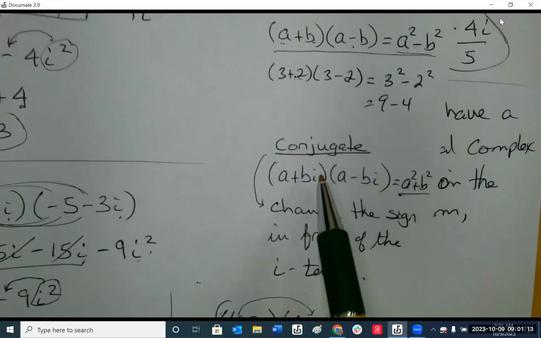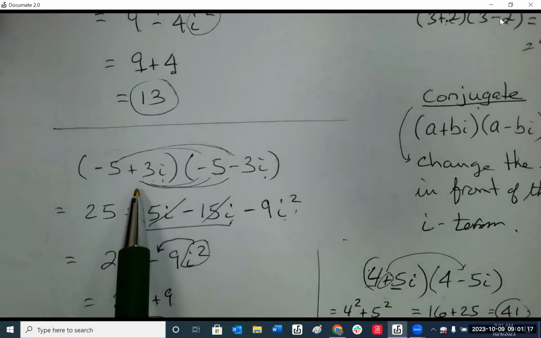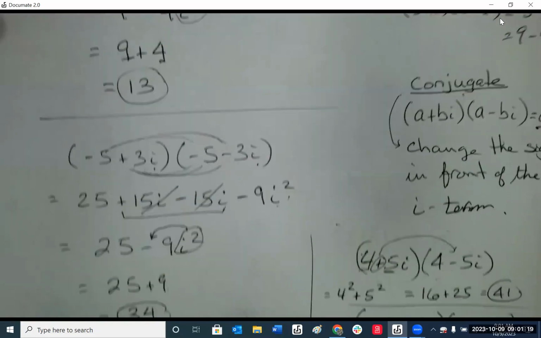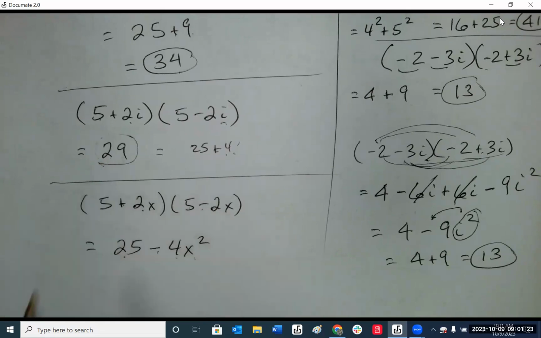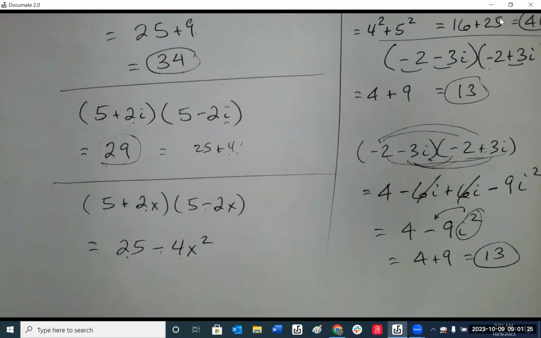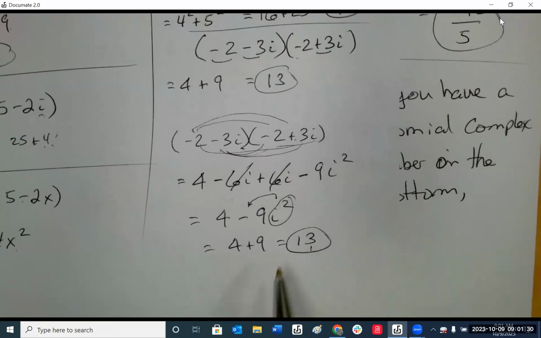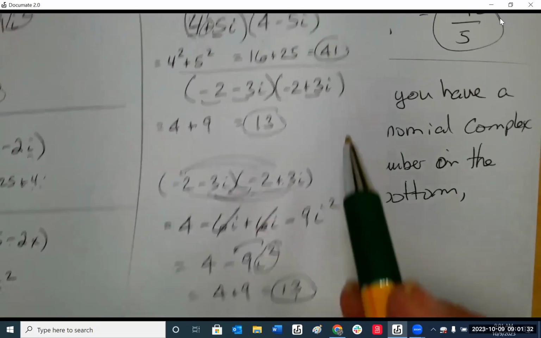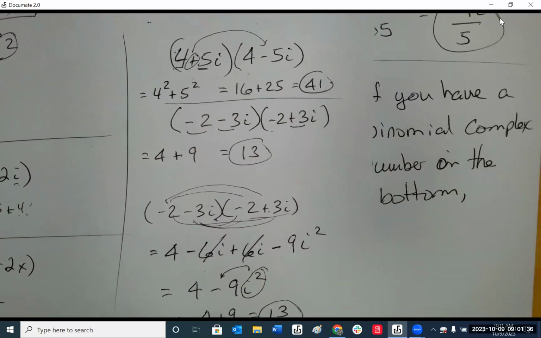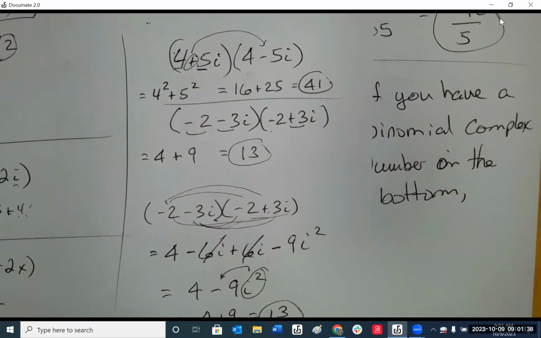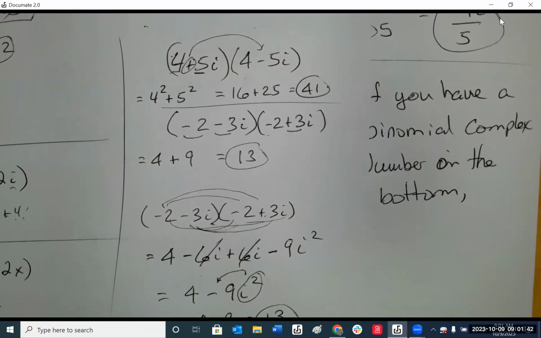What did the conjugate do for us? Anytime we multiplied two conjugates together, look at the numbers. Whenever you multiply two conjugates together, you always have an integer. There's no more i's. Conjugates get rid of imaginary numbers.